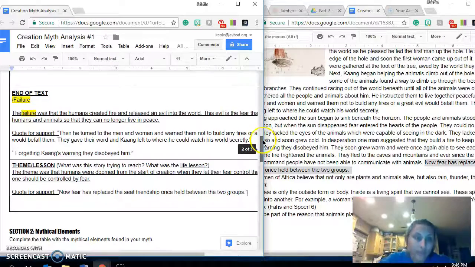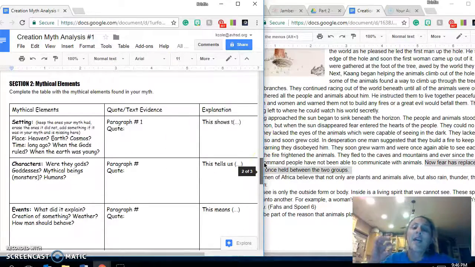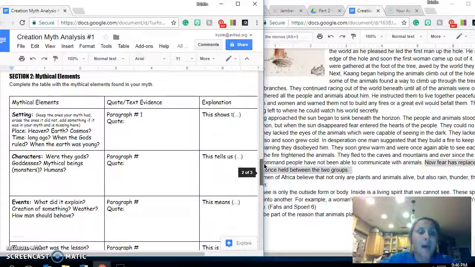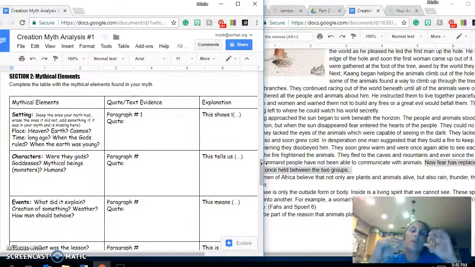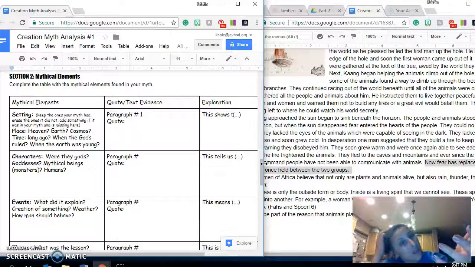Section 2, we have to think of mythical elements, things that make this a myth. I say that because sometimes a myth will have a setting, but it's not a mythical setting. For example, if the setting of this myth was just Earth, that's not really mythical.